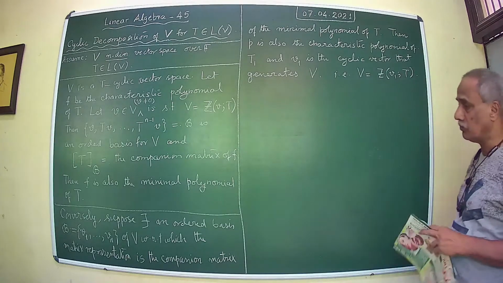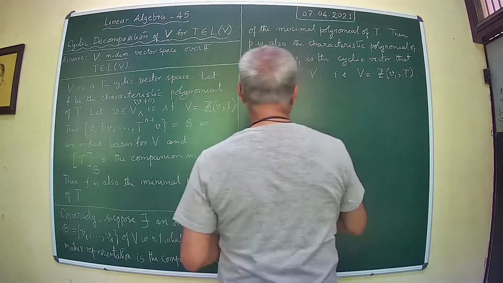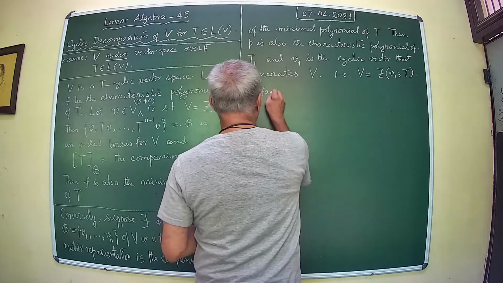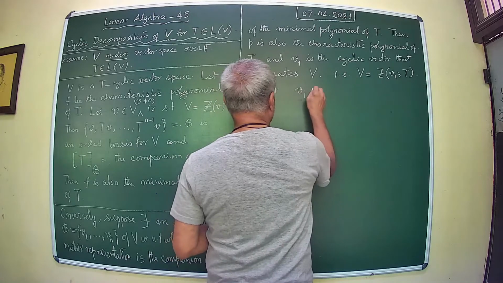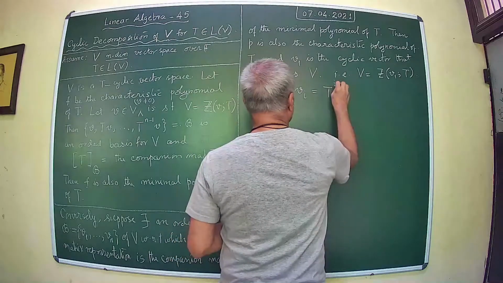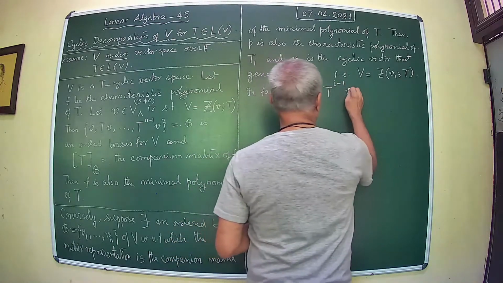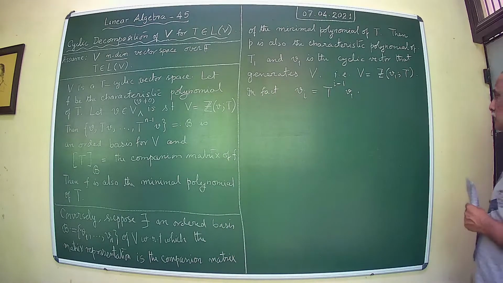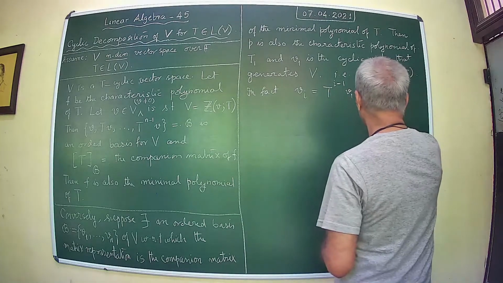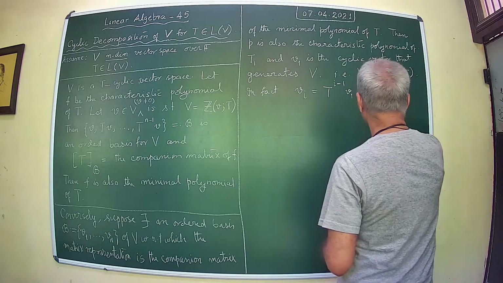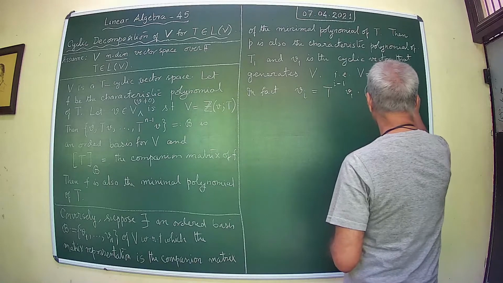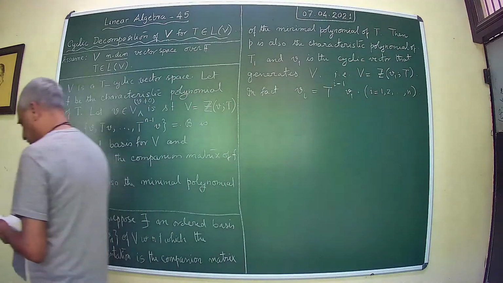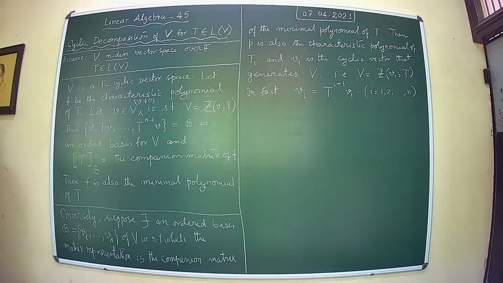In fact, vi becomes T to the power i minus 1 applied to v1 for i equal to 1. This is the result that we have already established.